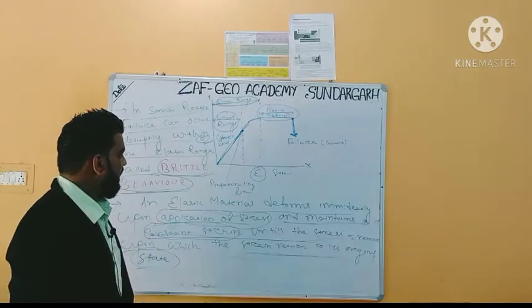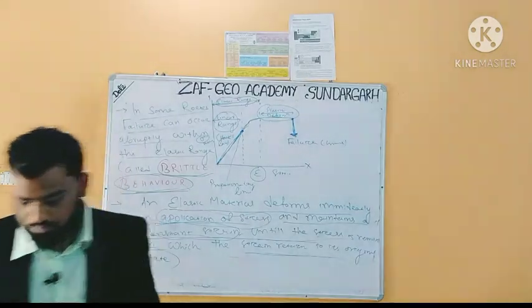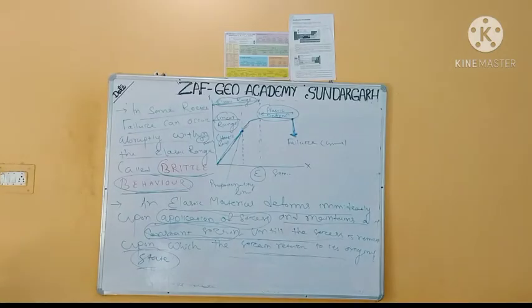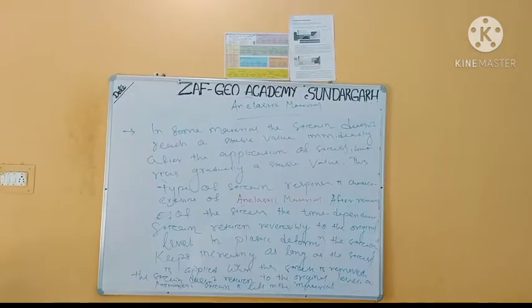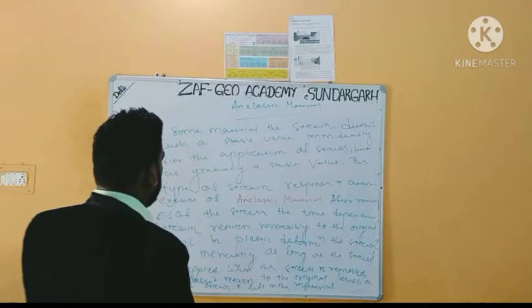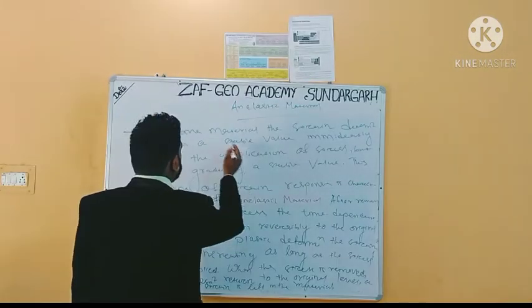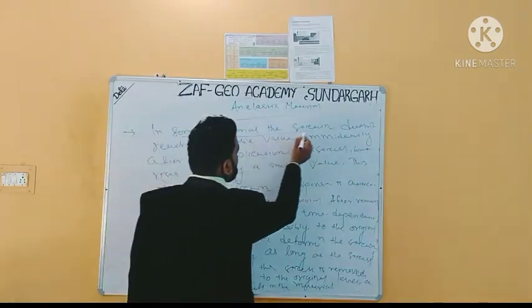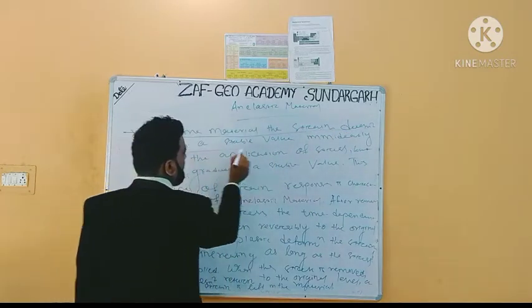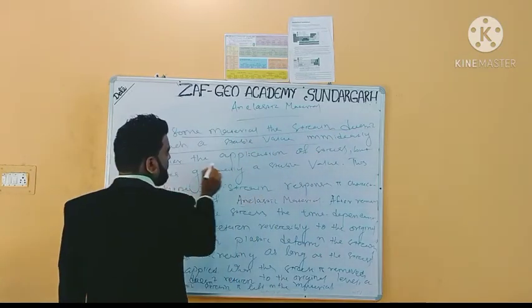Now we are moving to an elastic material. Now let's switch to an elastic material. So in some materials the strain does not reach a stable value immediately after the application of stress.